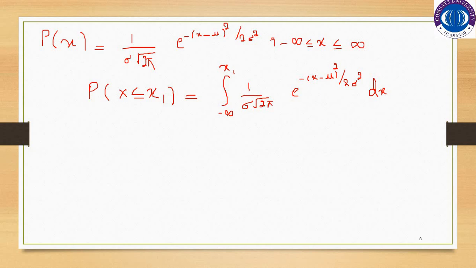So this is the way to find the probability x less than or equal to x1.